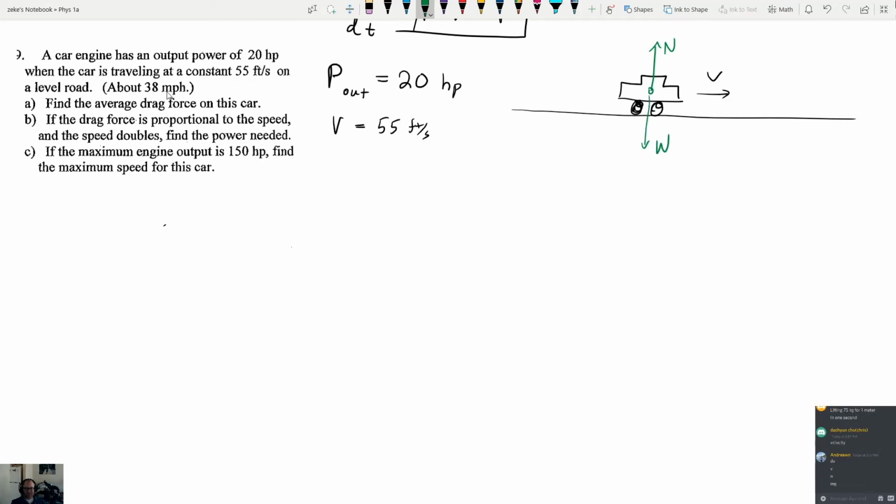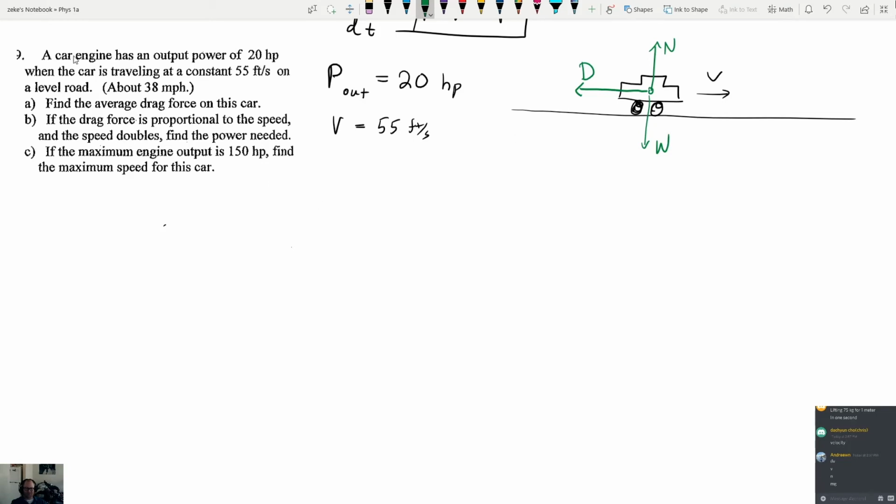We'd also have to have, because the first thing we're calculating is the average drag force on this car, some kind of a drag force that points this way, right? And then in order for the car to actually move forwards, there needs to be some kind of a forward force acting on the car, right?